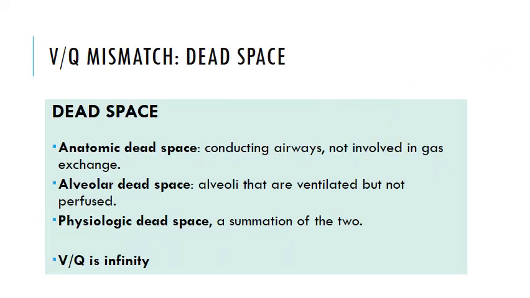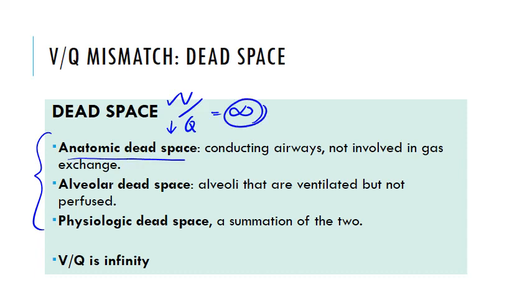So lastly, I want you to understand the difference between anatomic, alveolar, and physiologic dead space. When the circulation to alveoli in a part of a lung is taken offline, this is called dead space. So this is the V over Q, where V is okay, but Q is terrible. This essentially is infinity.